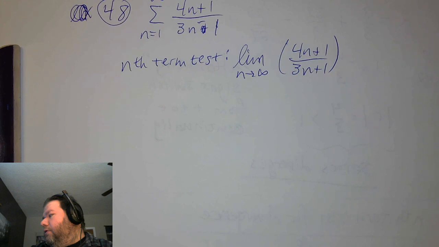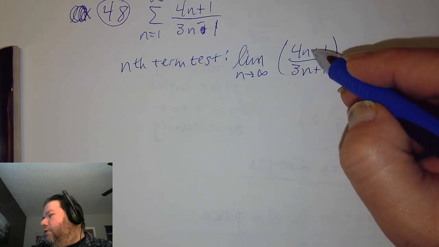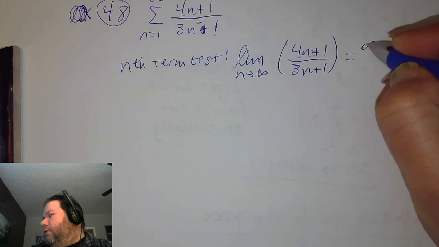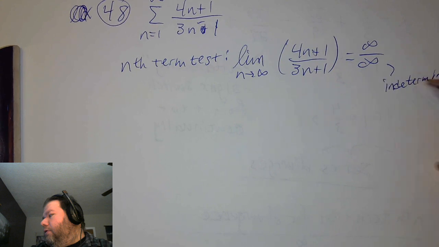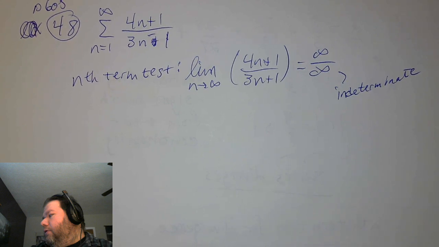Now, in some cases we will have to use L'Hopital's rule, and this is one of them, because if we plug in n approaching infinity, we get an infinite number over an infinite number, which is indeterminate, as we call it. So, it was indeterminate, and the pattern is infinity over infinity or 0 over 0. We can use L'Hopital's rule.